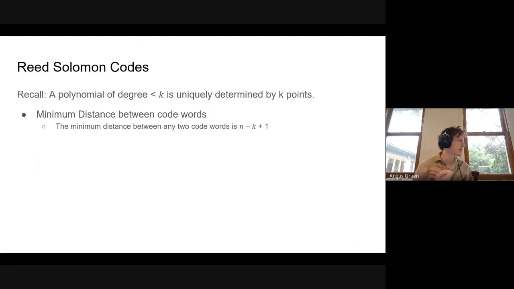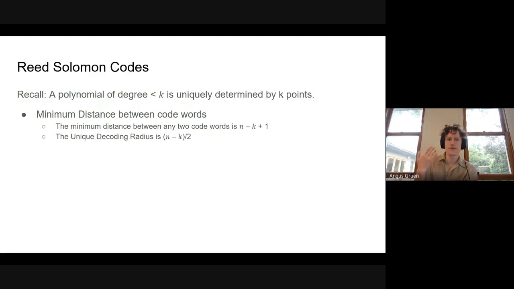And the way to think about this is that it turns out to be equivalent to the question, how many zeros can a polynomial have without being 0? And by our statement up here, you can have at most k minus 1 zeros. Once you have k zeros, this uniquely determines your polynomial, and therefore you have to be 0. And so you can have at most k minus 1 zeros, which means that the minimum Hamming distance to the 0 polynomial is n minus k plus 1, which is this thing.